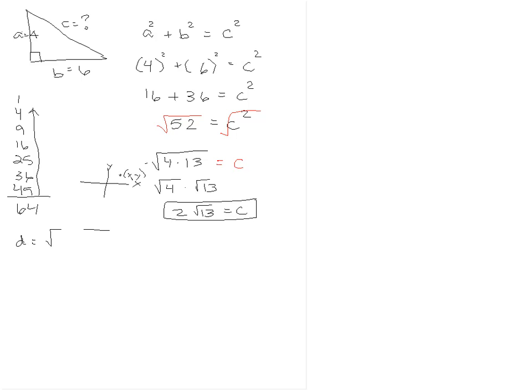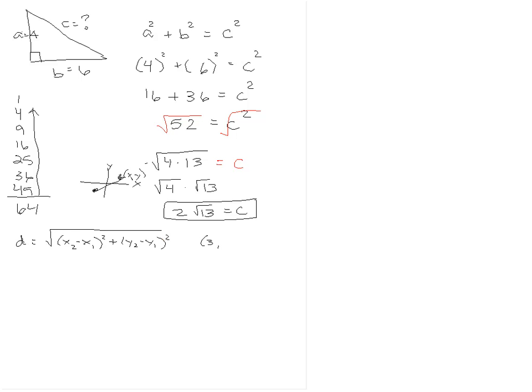Okay? The distance between 2 points on the Cartesian plane is equal to the square root of x2 minus x1 squared plus y2 minus y1 squared.